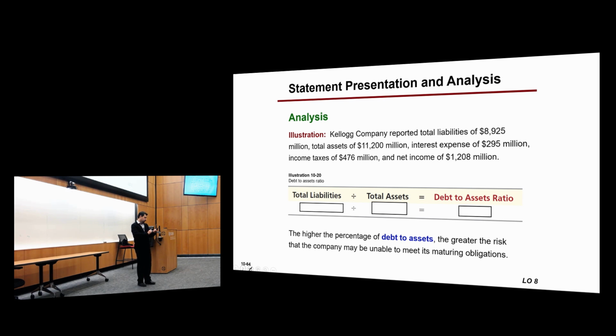So, for example, in this case here, you have 79.7%, that means the liabilities are equivalent to almost 80% of your assets. The higher this ratio, the worse it is. The riskier the company is, because in this case, they have higher debt. Okay?